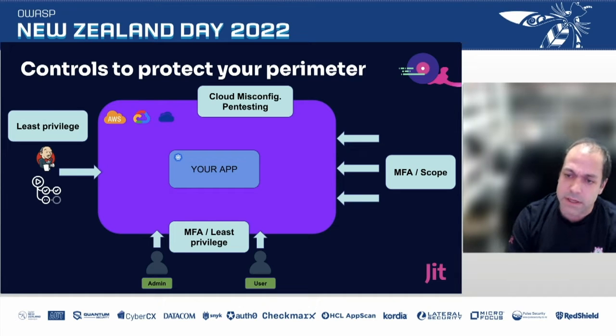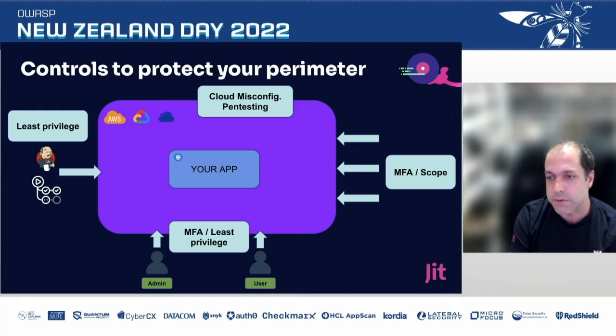Same thing for the third-party services. You want to make sure that you have MFA for all the services that are supporting it, of course, and maybe that's one of the criteria that you want to consider when you're picking those SaaS services, and you want to review the scope of the access that you're granting to your application.